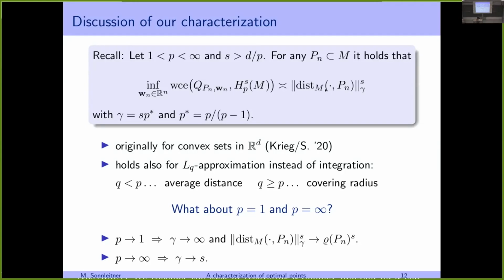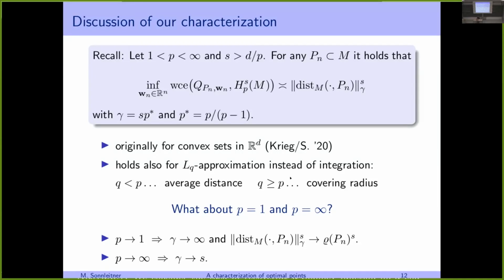Basically it says that for q smaller than p, there's an average distance occurring, where the gamma then depends on q. And for q larger than p, there's the covering radius. So there we really have to use this covering radius. But for integration, this case does not appear here because we only look at p larger than 1.